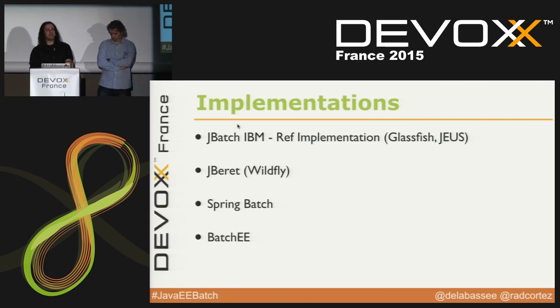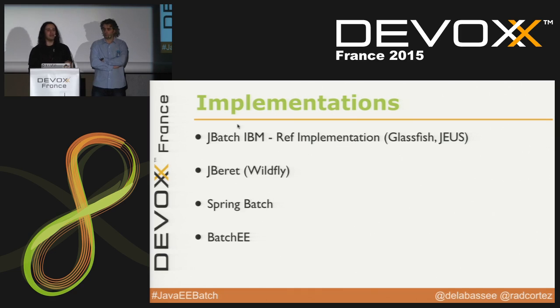For the implementations that we currently have for the JSR352, we have JBatch, which is implemented by IBM. That's a reference implementation, and it's being used by Glassfish and also Liberty. Then we have JBeret, which ships with WildFly, and of course Spring Batch.